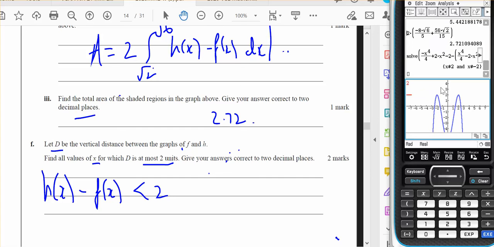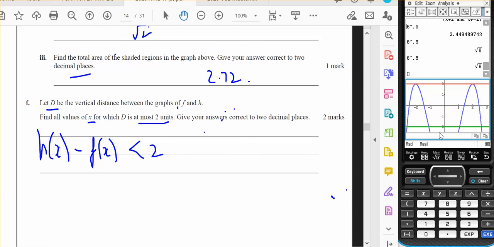So there's 2. Okay, so I've also drawn negative 2 on. Because who's to say that f of x taken away from h of x doesn't give you a negative number?